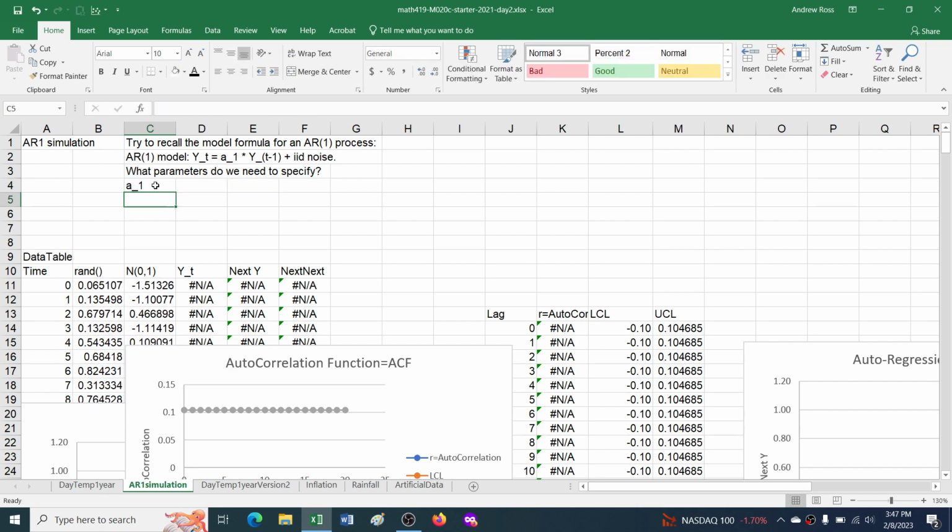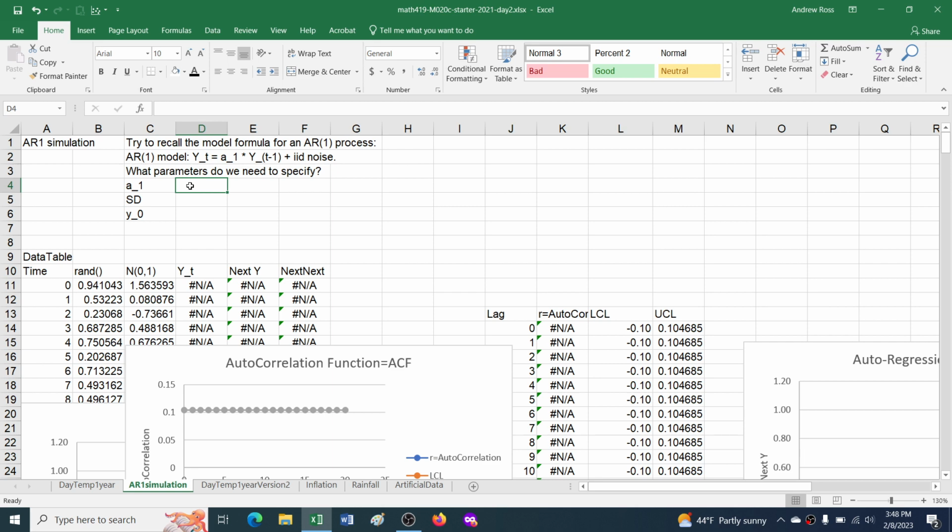We said the noise we expect to have a mean of 0 with some standard deviation, usually not a standard deviation of 1, so we'll have a standard deviation. And then a perhaps surprising thing is we need to say what we start at. If I'm going to predict y1, I need to know what y0 was. You don't have to start at time 0, but it's quite common to start at time 0.